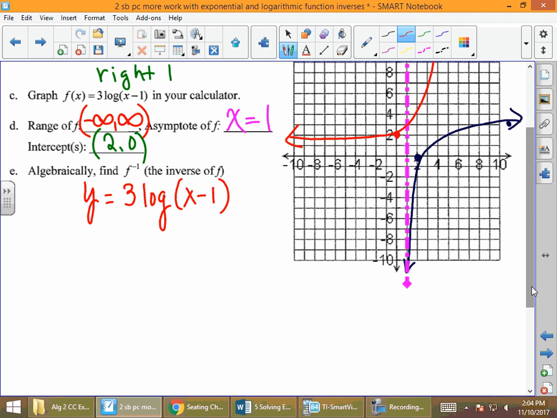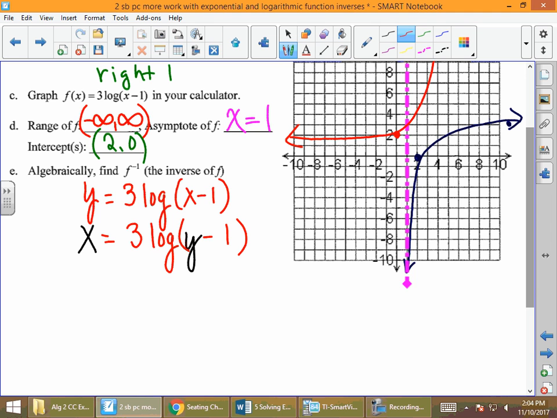And then we're going to switch the x and the y. Well, when we do, x goes here, and y goes there. Nothing else changes places. x equals 3 log y minus 1.